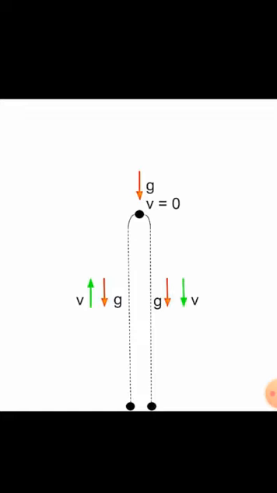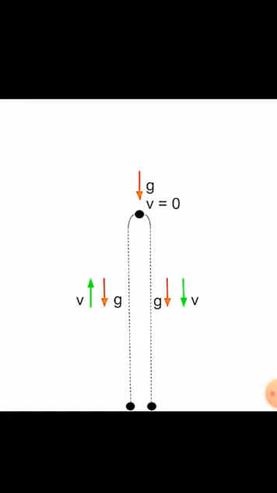Now, when the ball is moving vertically up, it is moving against the force of gravity and the velocity goes on decreasing at a uniform rate of 9.8 meter per second and it has negative acceleration. The velocity is decreasing at a uniform rate.